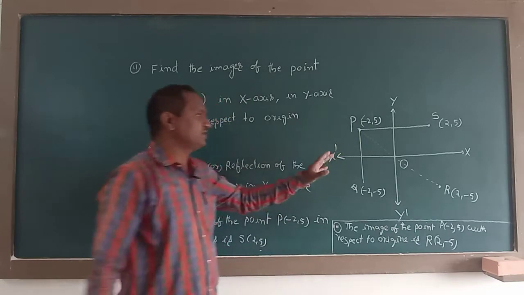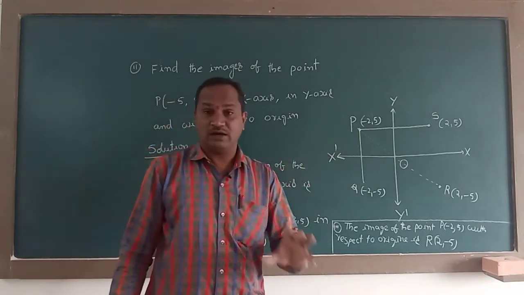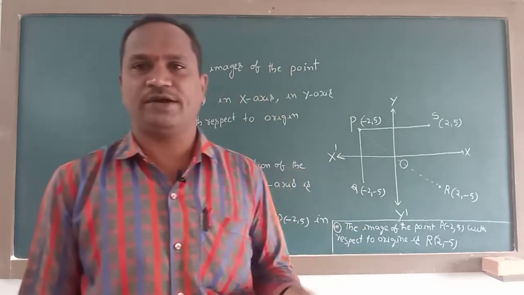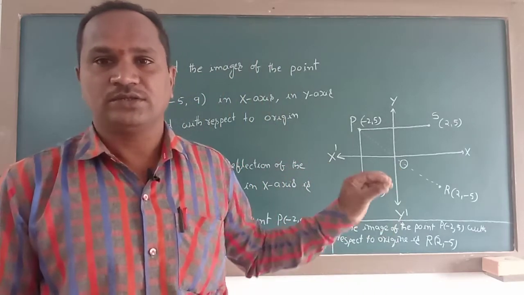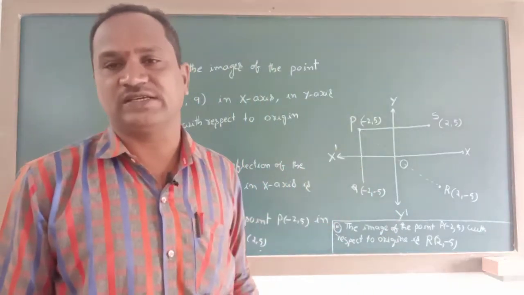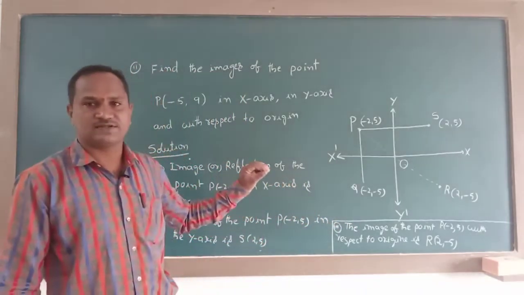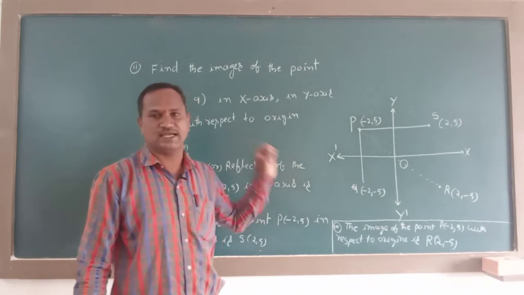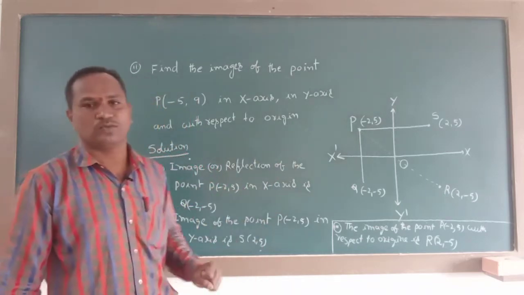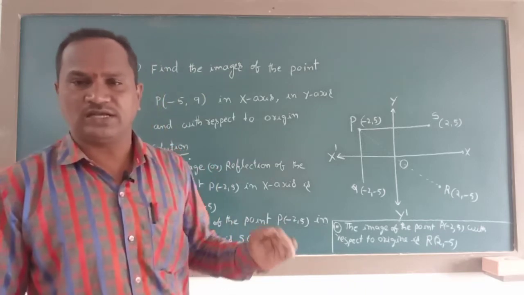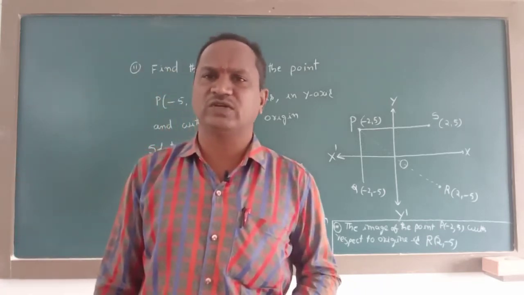Like that, after drawing the diagram and representing the image of the point in the coordinate system, you should write some words also here. With the help of words, we give the answer to all these questions. Like that, we are finding images. That's why I did two only. Similar to that, you can solve so many problems at home.